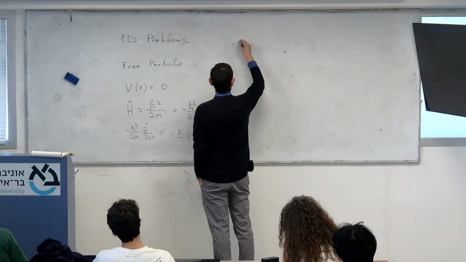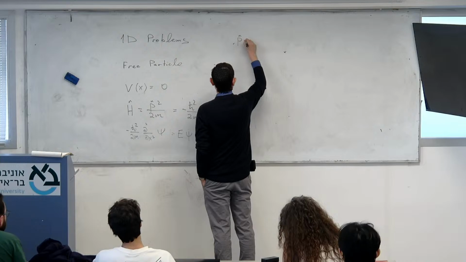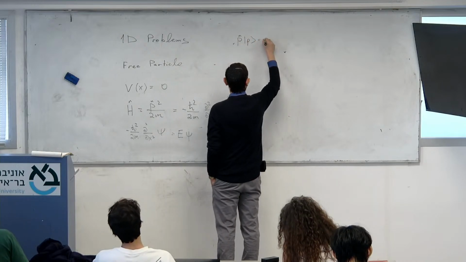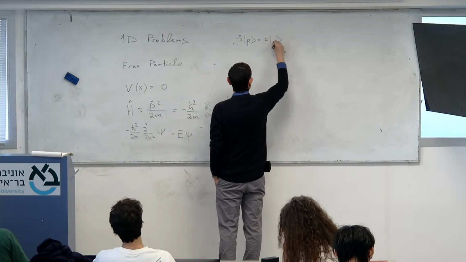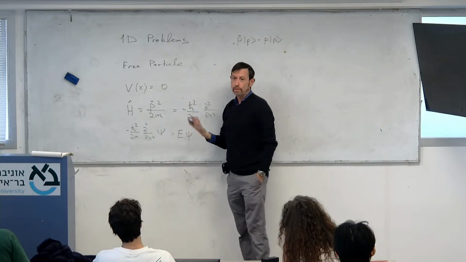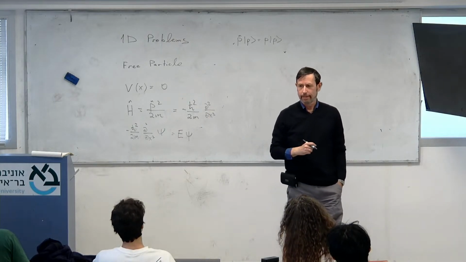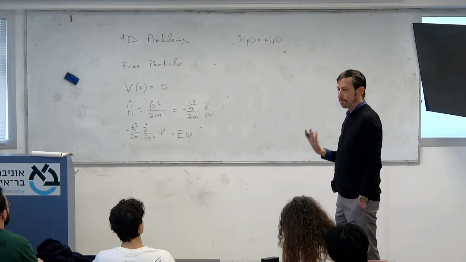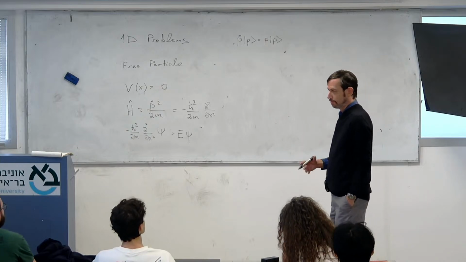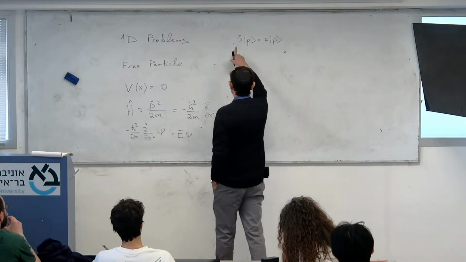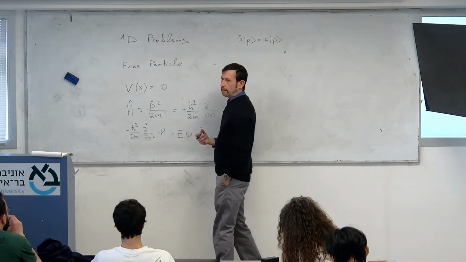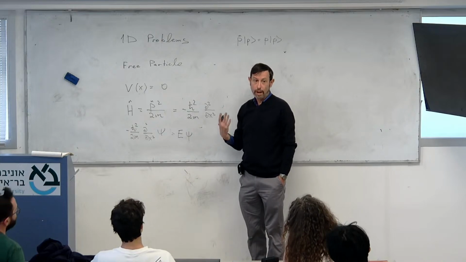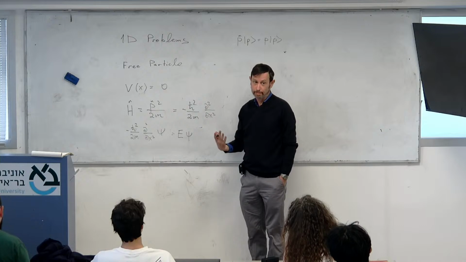Because I've already solved the eigenvectors and eigenvalue problems of P. And eigenvalue and eigenvectors of P are also eigenvectors of P squared.